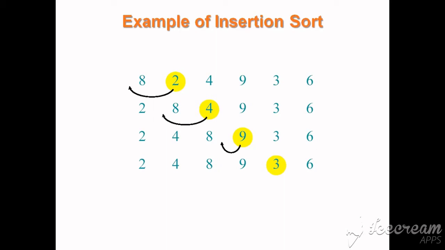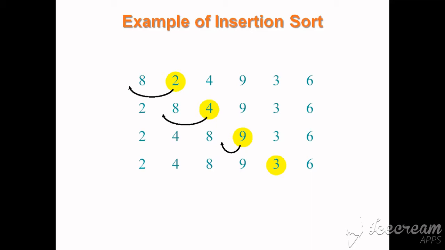Now the loop is on index value 5 and the value is 3. By comparing it one by one with the left hand side values in order, we see the value adjacent to 3 is 9, and because it is greater than 3, we shift it one place towards the right. So 9 will be shifted right and overwrite 3's position, then 8 will overwrite 9's, and so on.